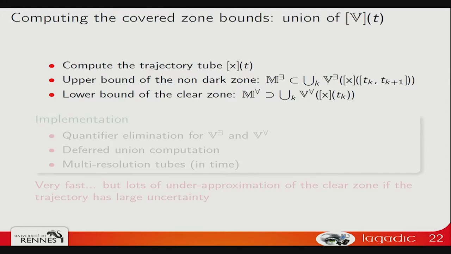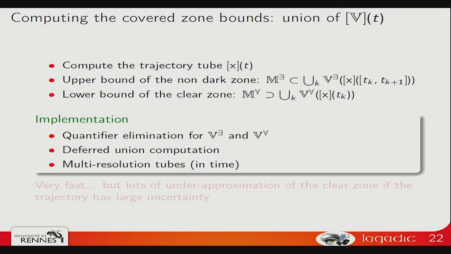So how to do it? First, we compute the trajectory tube. We can compute the upper bound of the non-dark zone by computing this union. And we compute the lower bound of the clear zone using also the union, as shown in the previous slides. In implementation, to get faster, we can do quantifier elimination in the expressions of the visible, guaranteed and possible visible zones.